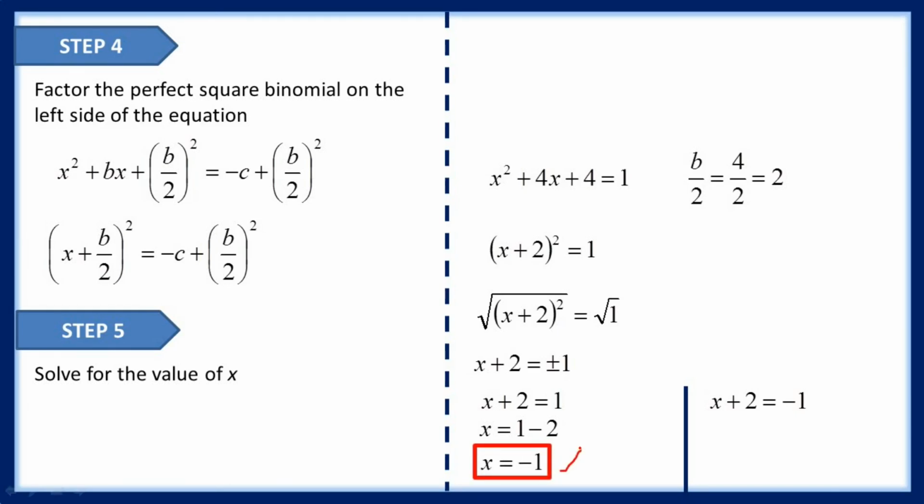This is our first x. And for our negative 1 part, we will be again using addition property of equality, transpose if you might, ilipat natin si 2 sa kabila. This will become negative 1 minus 2 and that is equal to negative 3. And this is our final answer.